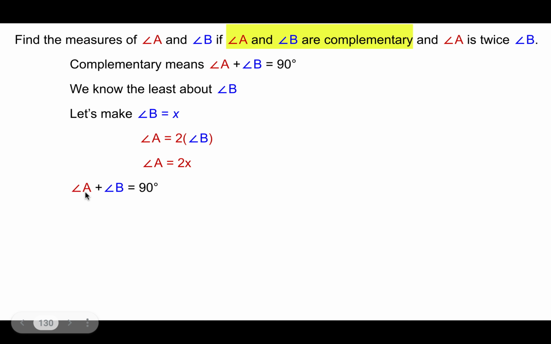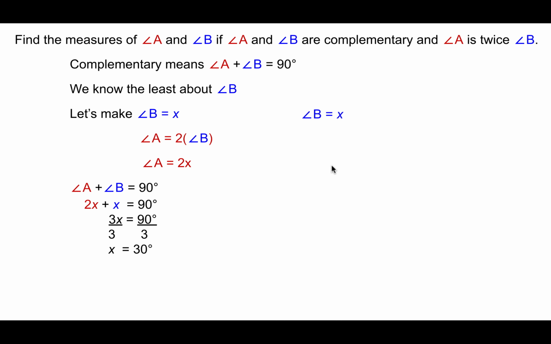Now again, they're complementary. So angle A plus angle B equals 90. Let's replace angle A with 2X. Let's replace angle B with X. 2X plus X is 3X, so 3X equals 90 degrees. Divide each side by 3, and X equals 30 degrees. Angle B equals X, so that means angle B is 30 degrees.